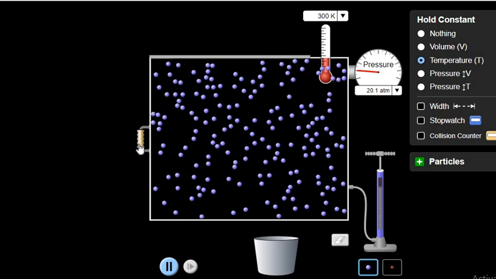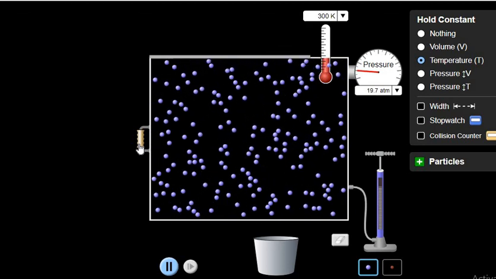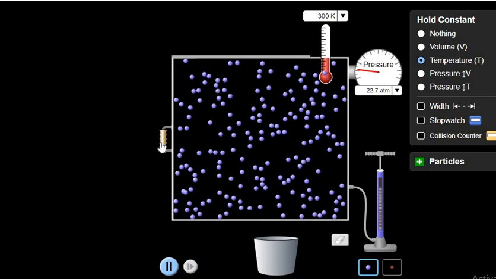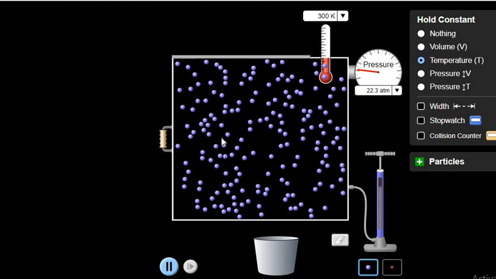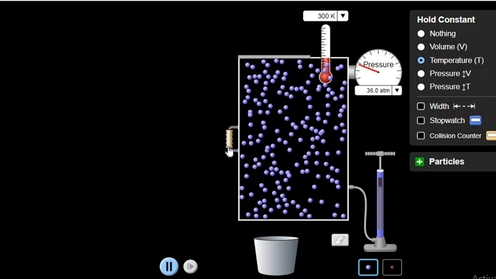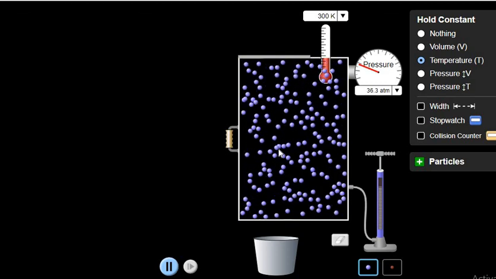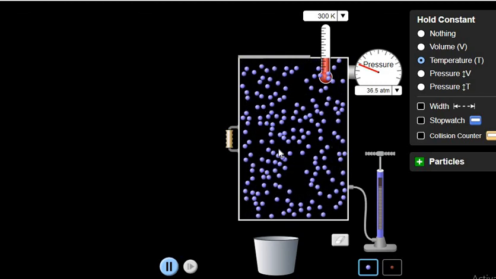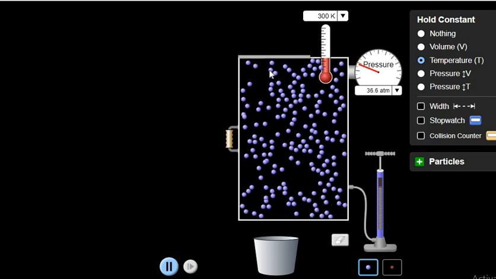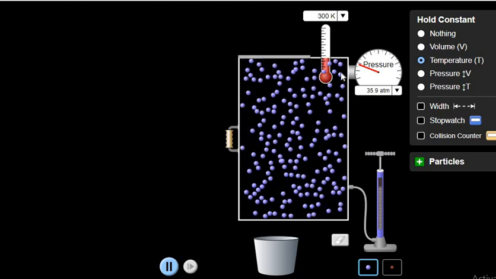Look what happened when I decrease the volume. Look at the speed of the particles and look at the pressure. Look at the number of collisions between particles. The number of collisions between particles increases, and that means more particles collide with the wall inside this container.